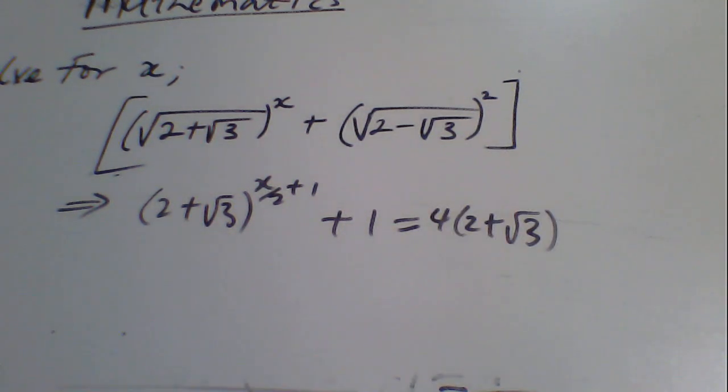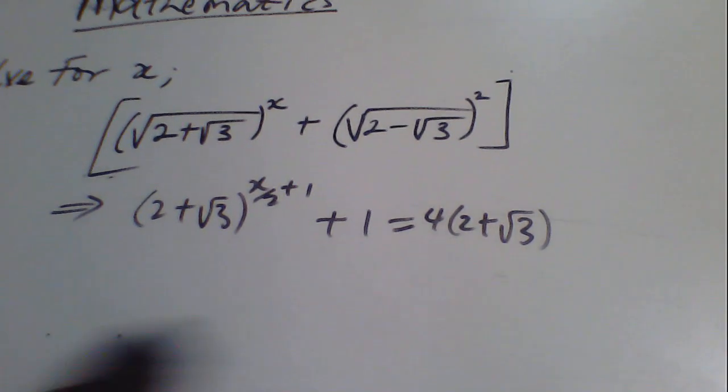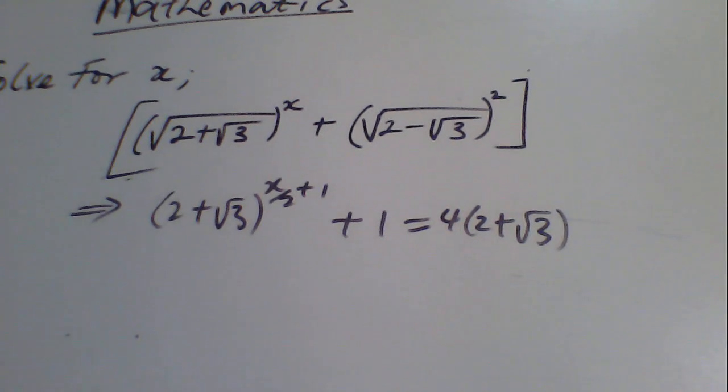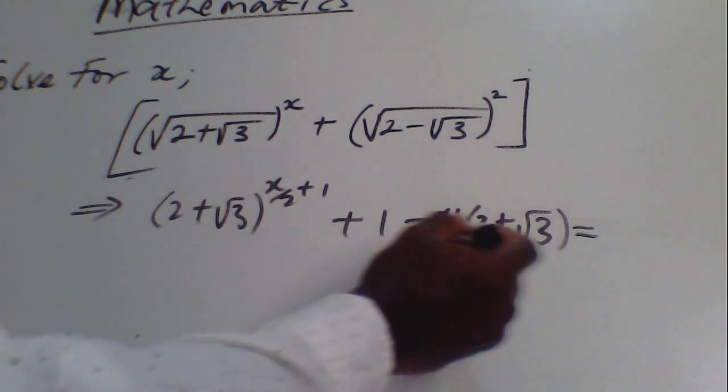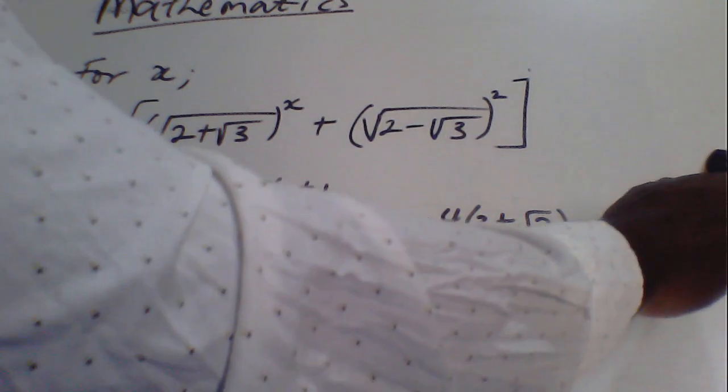So this is where we are. So what is the next thing we have to do in order to get the value of x? From here you open the bracket and simplify. When you open the bracket here, you have 4 times 2 will give us 8 plus 4√3.